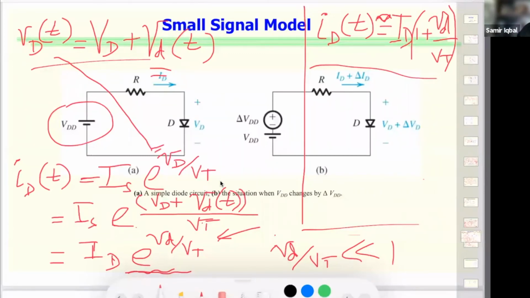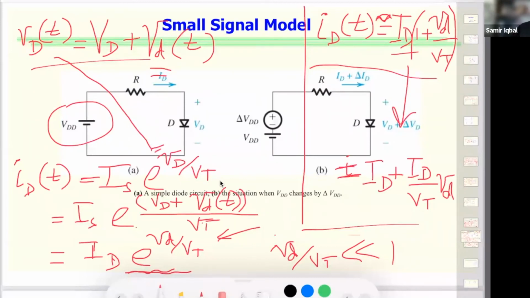Now if I expand this relationship, the left side is still the same, and this becomes equal to I_D plus I_D over V_T times small v_d, the time varying signal.